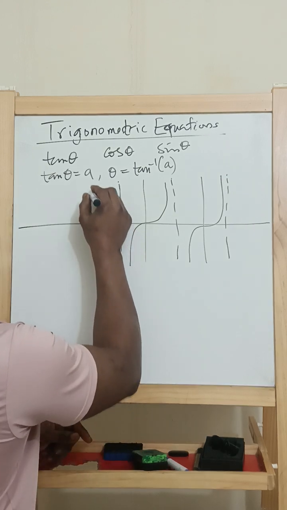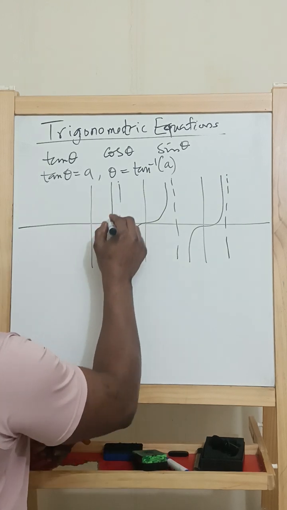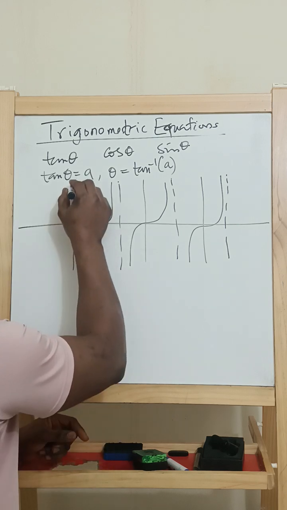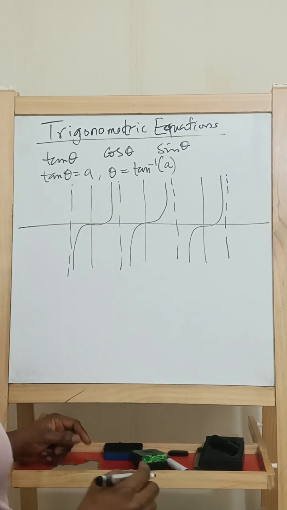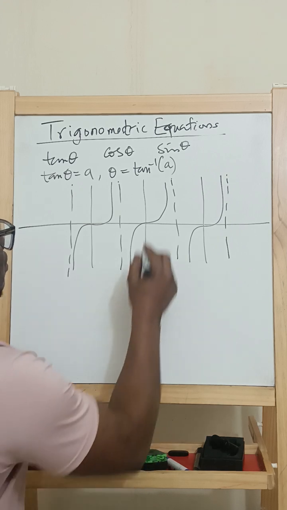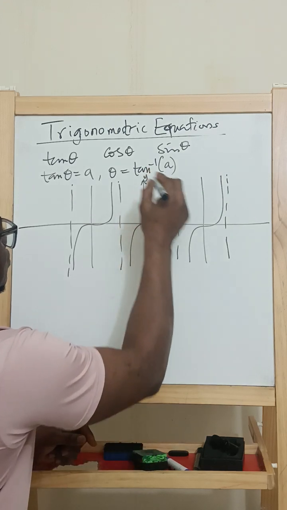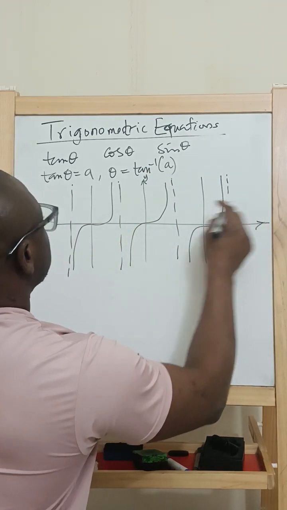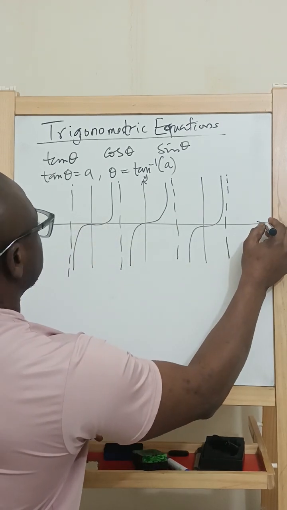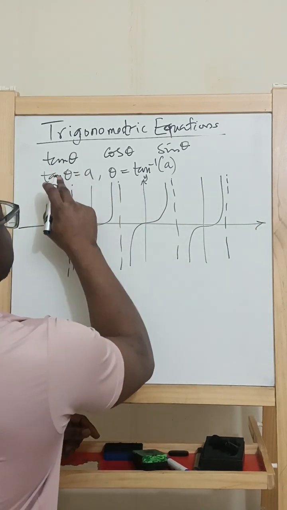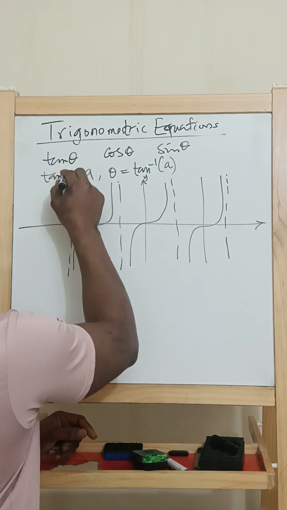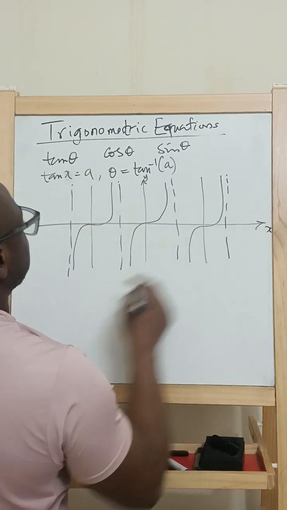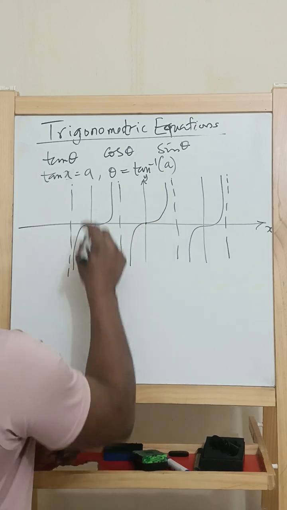Then let's say another curve is here too, and the line of asymptote is here. Let's say it starts from the origin. Y is equal to, let's say this one is theta, or let's call this one x, for instance. And that is this A.